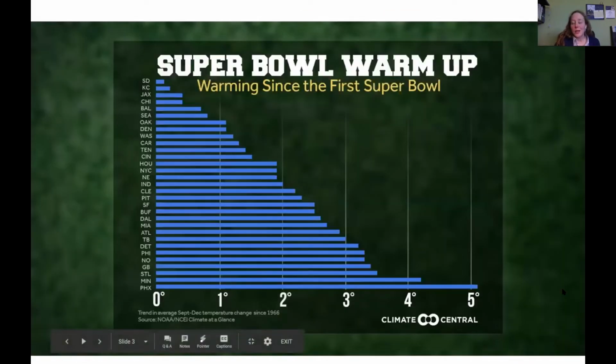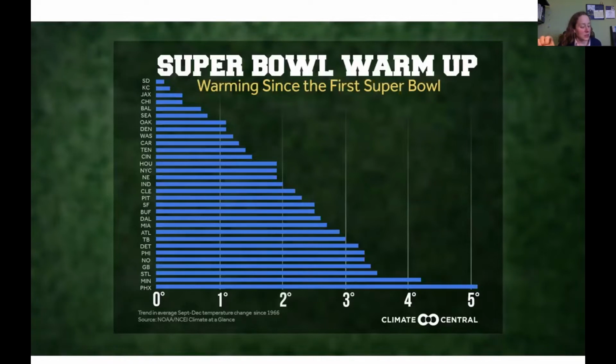I also just wanted to bring in a little fun to our big opening here today. For those of you that are football fans, which wouldn't be me, in anticipation of the 50th Super Bowl, our friends at Climate Central put together this graphic, which showed the football season, about September to December, temperature trends in all the NFL cities for the last 50 years.